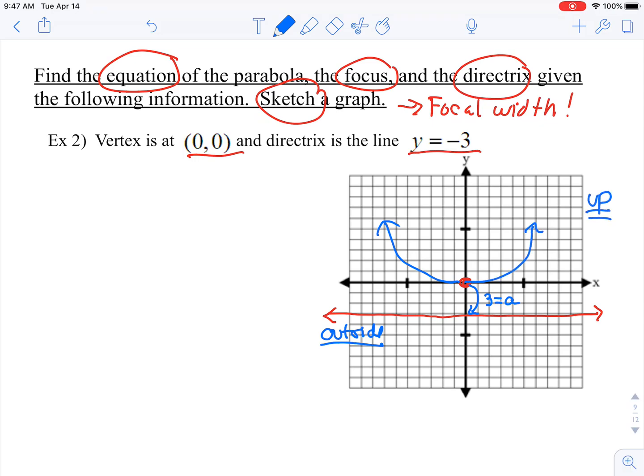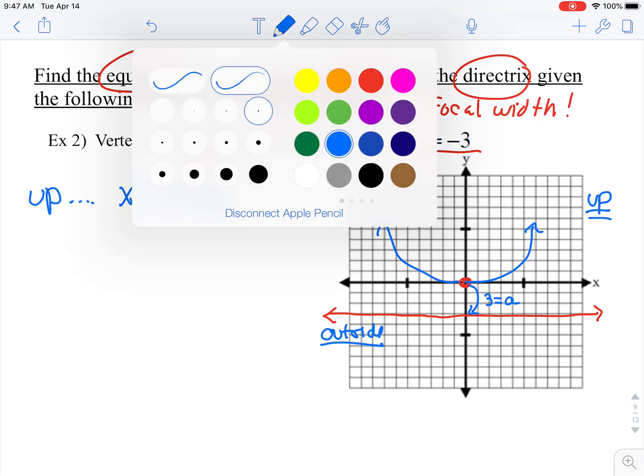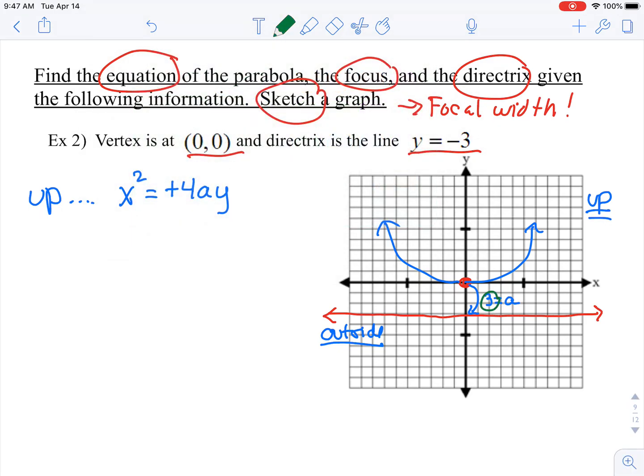If the parabola is opening up, then we know it has to be in the form of x squared equals positive 4ay. Now, we just established that our a value was 3. So if I plug that a value of 3 in, I now have this equation which says x squared equals 12y. So step 1 is done.